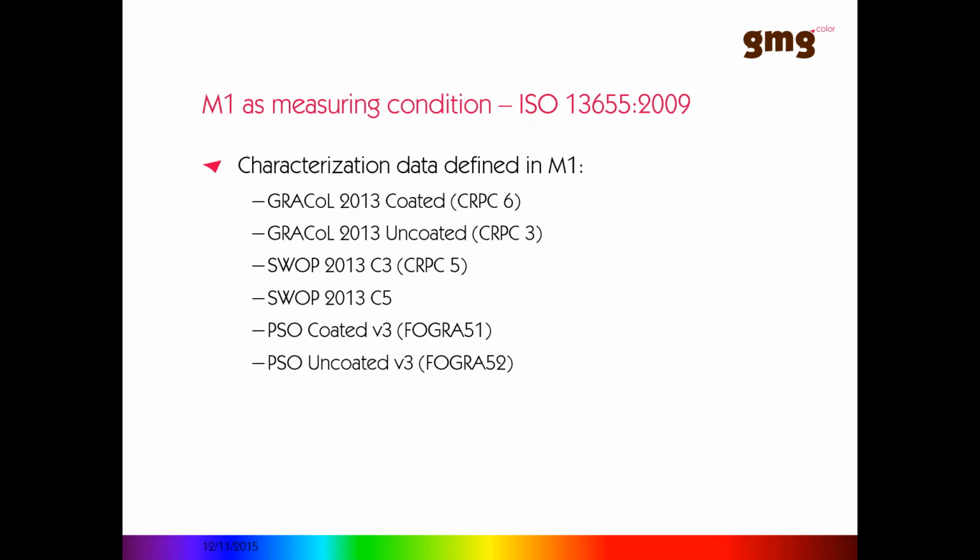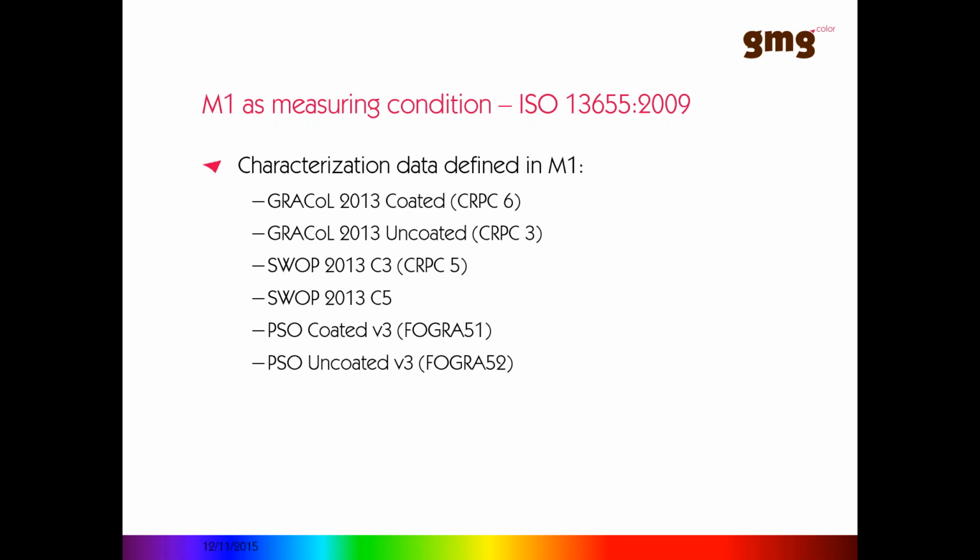Future characterization data sets will be defined in the new measurement mode M1. Some data sets have already been released, defined in M1. These are listed here. So we see GRACoL and SWOP 2013, which are mostly used in the US, are defined in M1, as well as FOGRA51 and FOGRA52, the data sets we are talking about today.